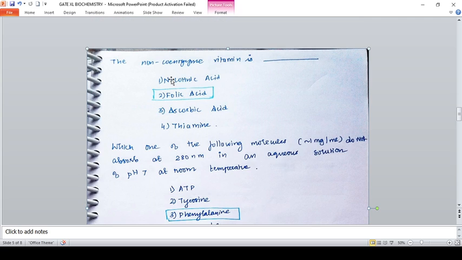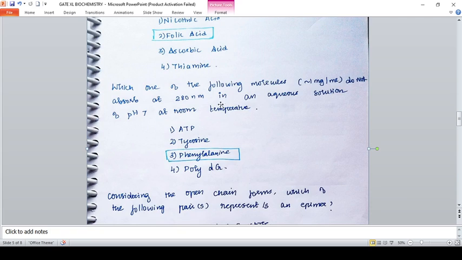The non-coenzyme vitamin is folic acid, whereas nicotinic acid, your niacin, forms NAD, ascorbic acid, vitamin C, is for prolyl hydroxylase activity which is involved in collagen formation, and thiamine forms thiamine pyrophosphate. Next, which one of the following molecules does not absorb at 280 nanometer in an aqueous solution at pH 7 at room temperature?